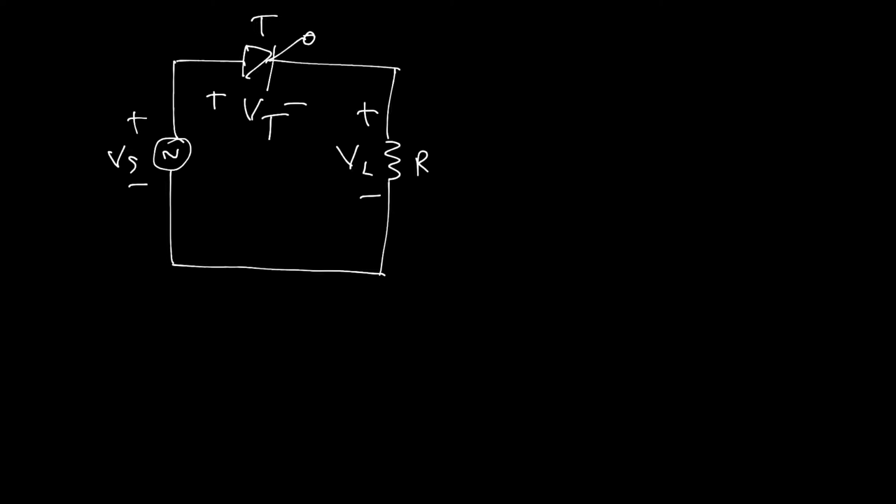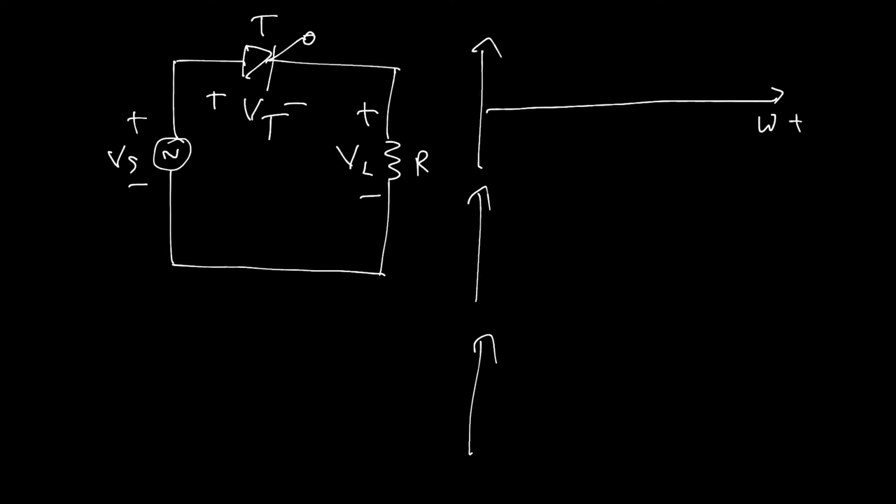So all these voltages can be represented by some axes. Consider there are 3 axes. Number 1 is for supply voltage Vs. Number 2 is load voltage VL. And last is the terminal voltage across the thyristor, that is VT.